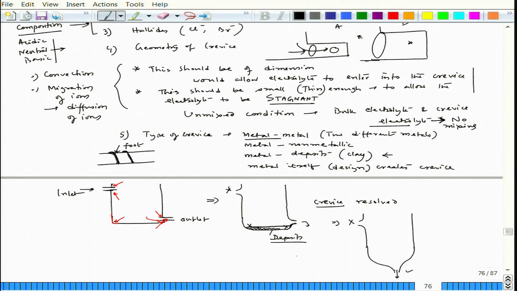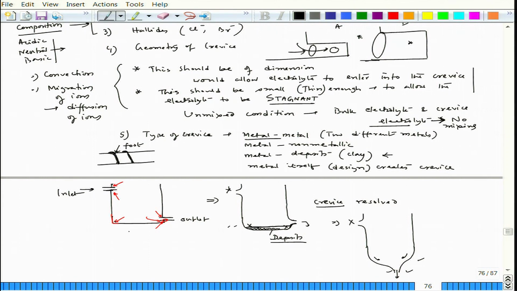In fact, in this design the deposit formation would be much less compared to the earlier one, because whatever deposit comes down, there is a kind of motion that takes the deposit along with the water. Of course, you have to take care of clogging of this particular outlet from time to time, but otherwise the tank deposit problem can be resolved to a great extent. So, this could be a better design than the previous one.